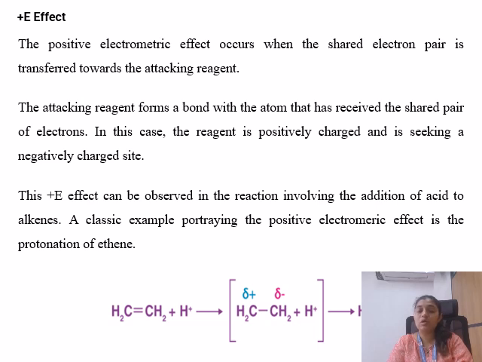Then H plus, the reagent, will attack on the minus charge containing atom. The electrophile will attack on the CH2 containing the minus charge, obviously because a positive charge will attract a negative charge. Here the reagent contains the positive charge, so it will attack on the minus charge containing atom. So you can find that here CH3 will be formed. This is what we can say the positive electromeric effect we can observe in the case of alkenes.